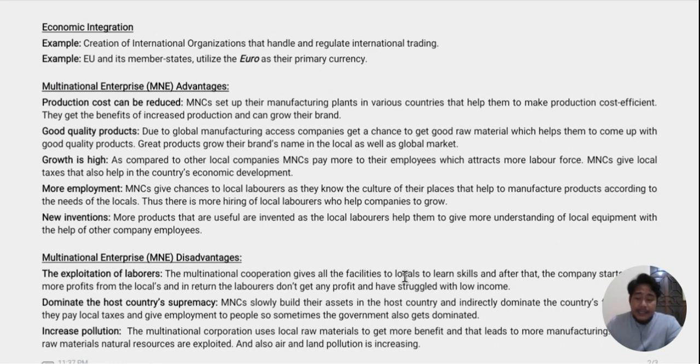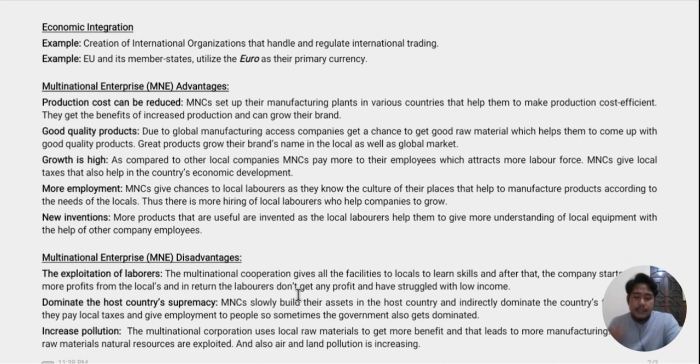Second is that sometimes MNEs or MNCs can dominate the host country's supremacy. So as they grow, as they build their assets in the host countries, as the business grows, indirectly their power in the political sphere grows as well, as they pay local taxes and give more employment to the people. It sometimes overshadows the role of government.